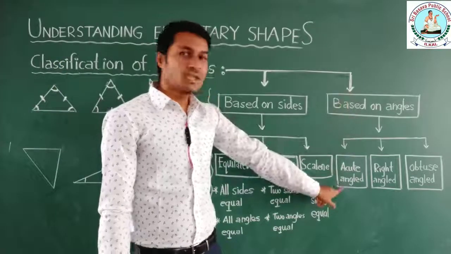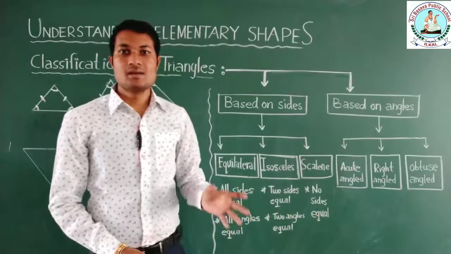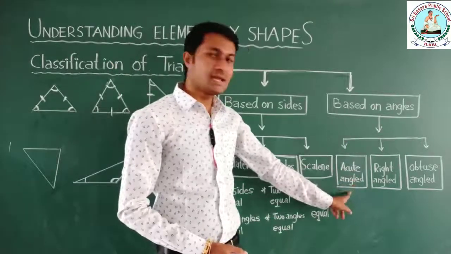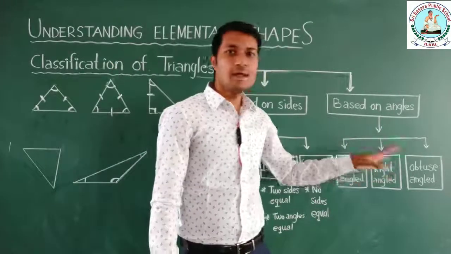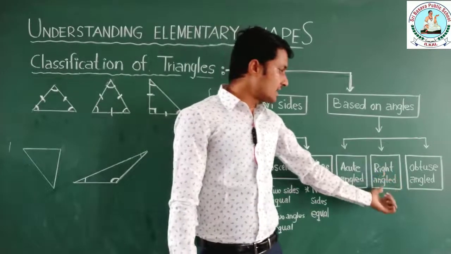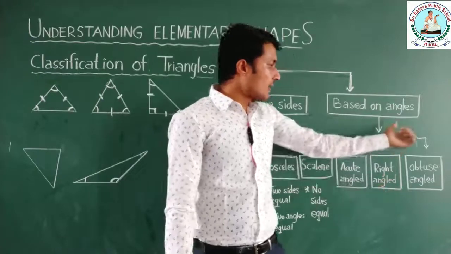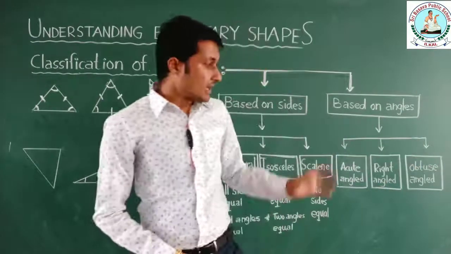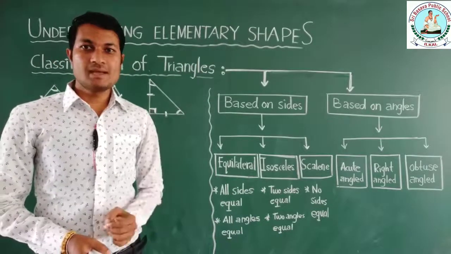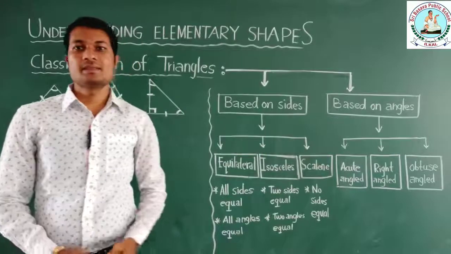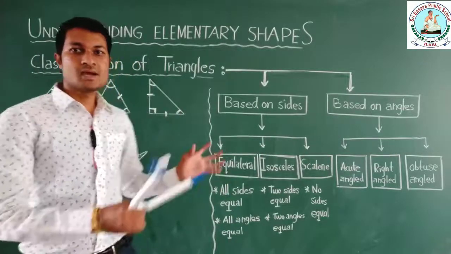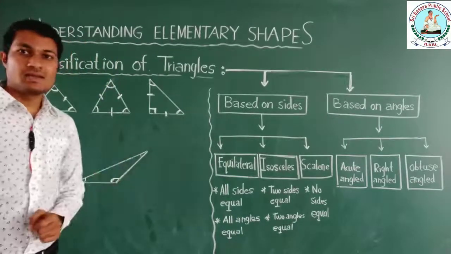The triangle in which all the angles measure less than 90 degrees is called an acute angled triangle. The triangle in which one of the angles measures 90 degrees is called a right angled triangle. And the triangle in which the measure of one of the angles is more than 90 degrees is called an obtuse angled triangle. So this is how we can classify the triangles.